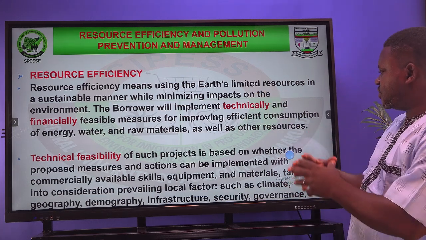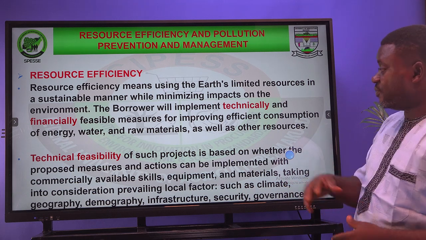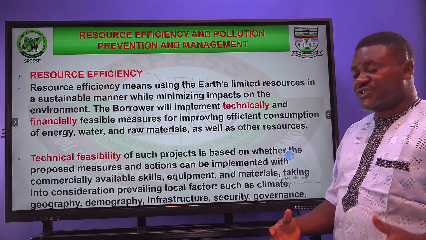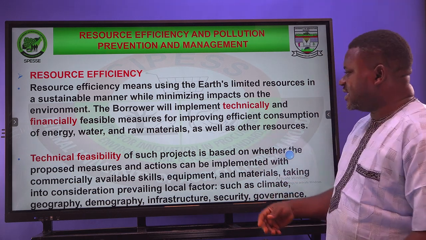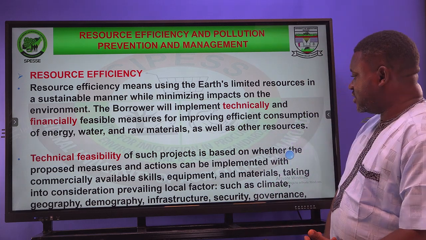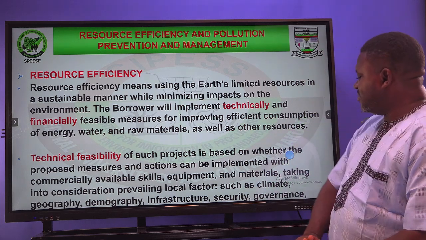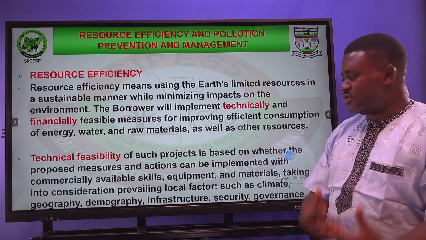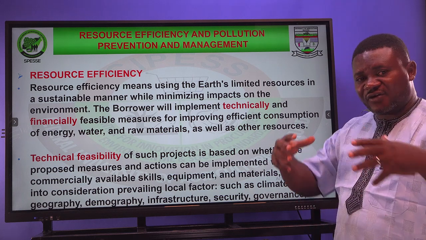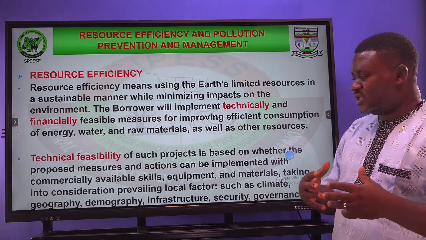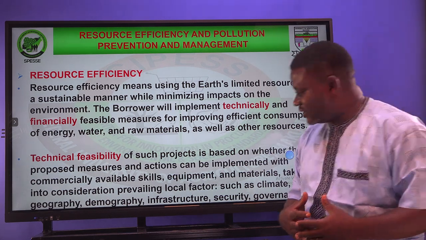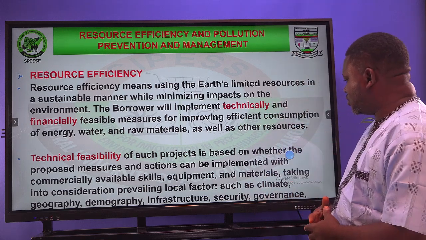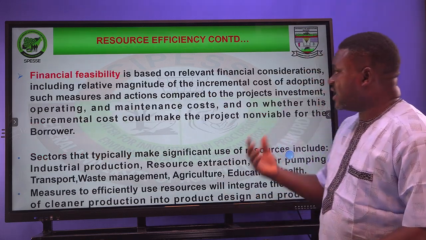Technical feasibility of such a project is based on whether the proposed measures and actions can be implemented with commercially available skills, equipment, and materials, taking into consideration prevailing local factors such as climate, geography, demography, infrastructure, security, governance, among others.